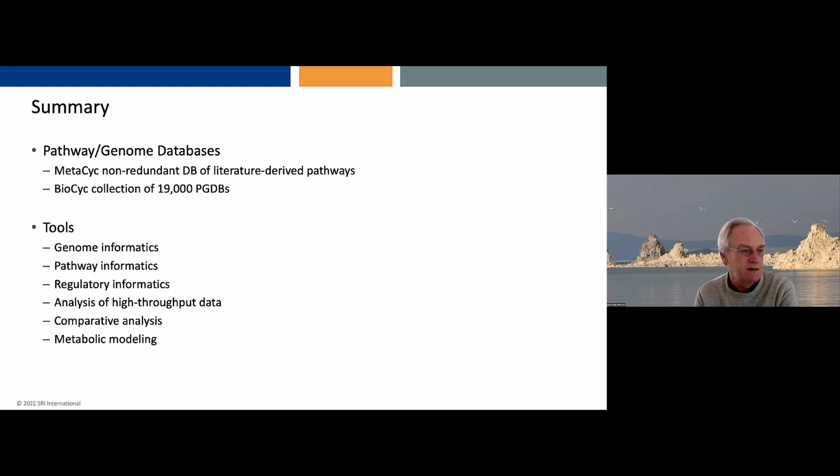And it's what is used to construct new BioCyc databases. And I gave you an overview of the tools within BioCyc, which fall into the different categories listed here. And Lisa's going to give you an introduction to those shortly.